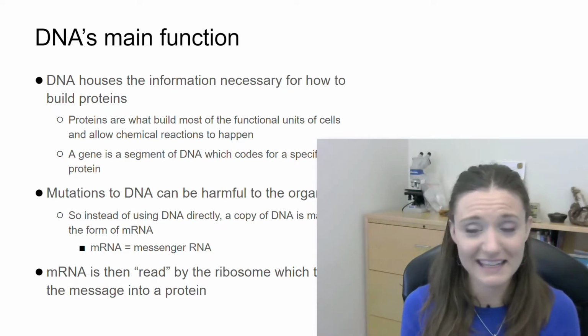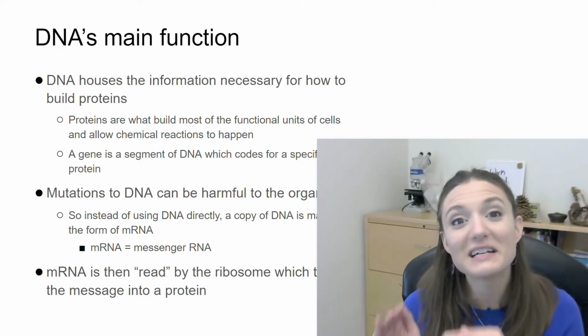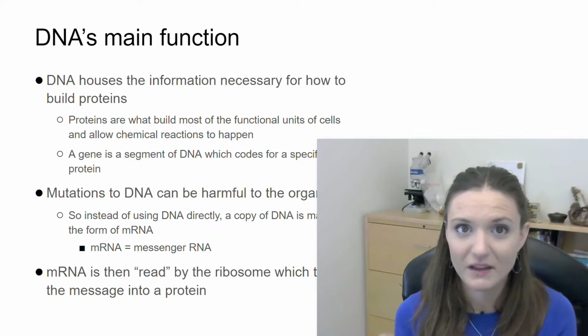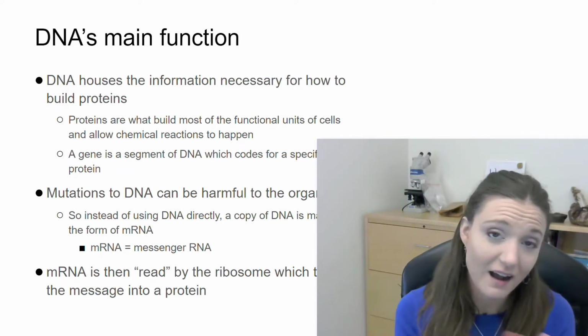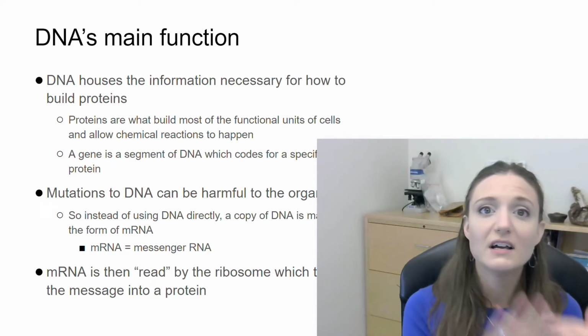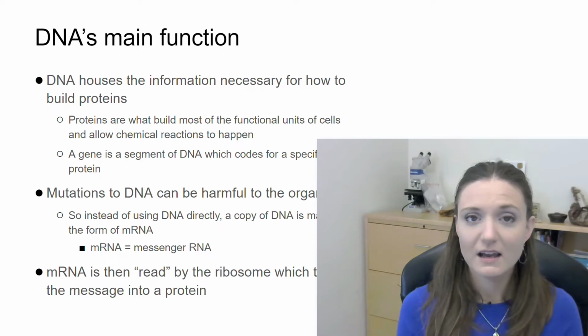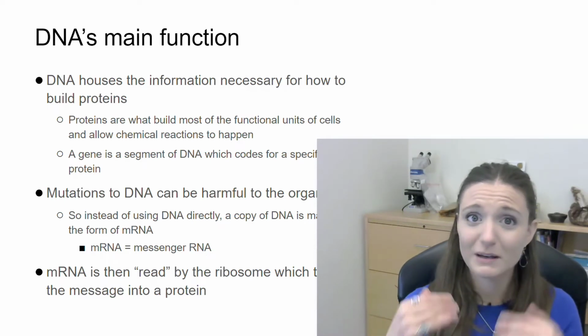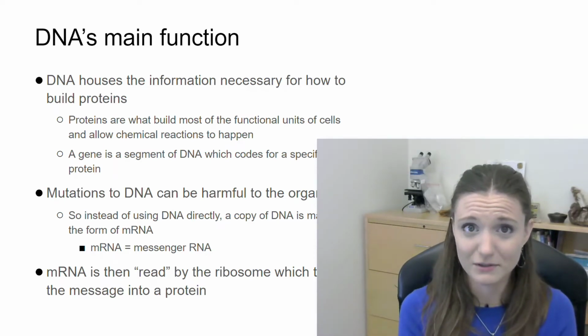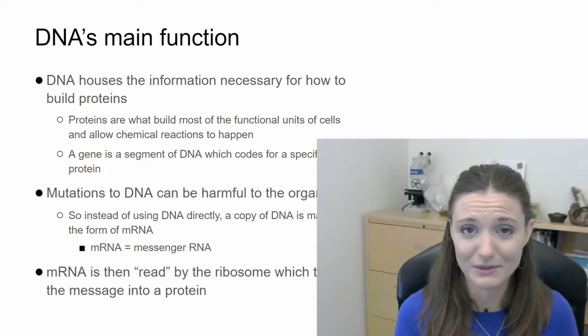I don't want to accidentally set it on fire, which I just set something on fire the other day on accident, right? So I don't want to damage that original copy. So instead I make a copy of the original and I use that copy of the original to cook, right? And that's kind of what we're doing here with DNA. Where DNA is the original copy, we're going to make a copy of the original and use that as our instruction manual to build these proteins.